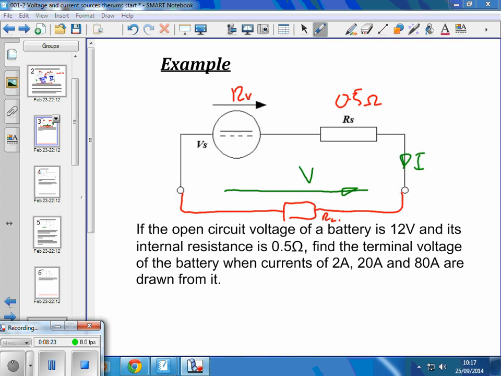So at 2 amps, how have you done this? I'll call that VRS. I want something better to call it. How have you done it?